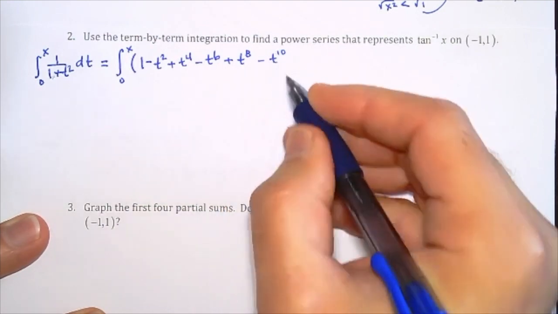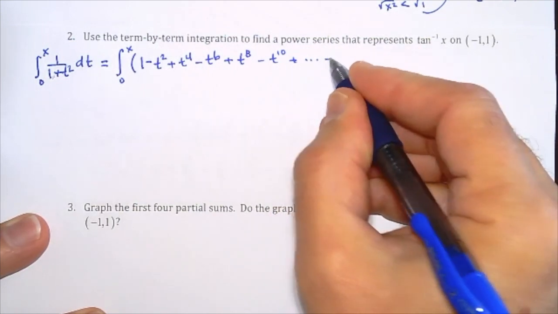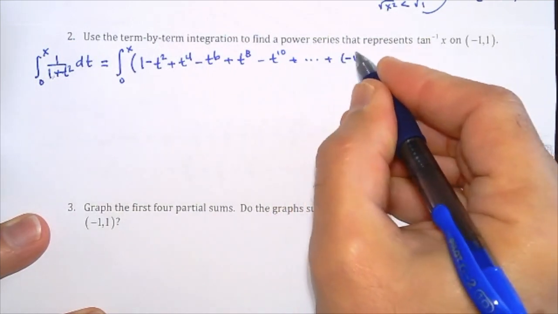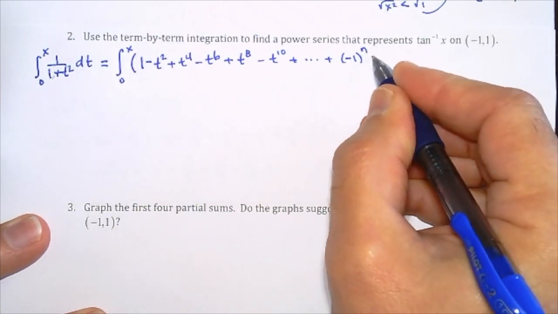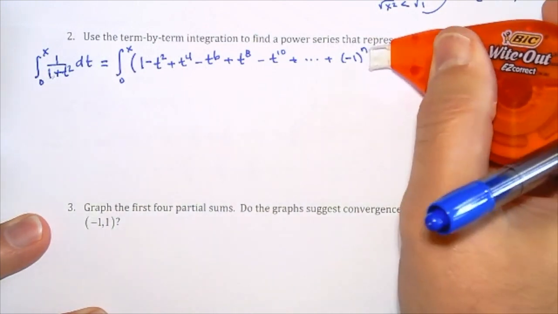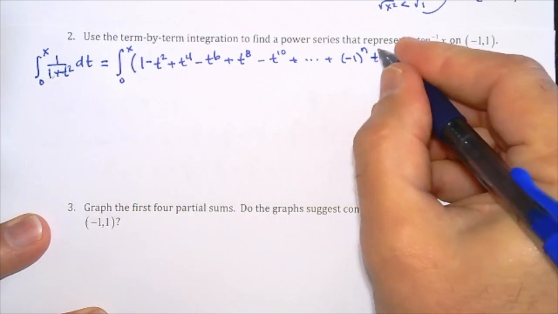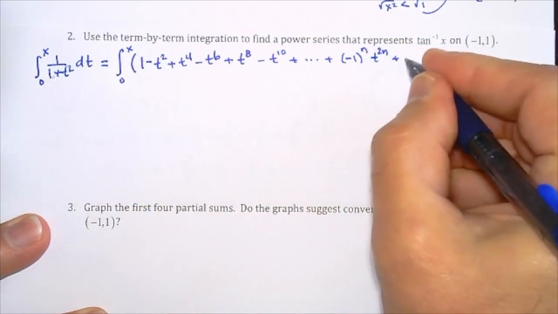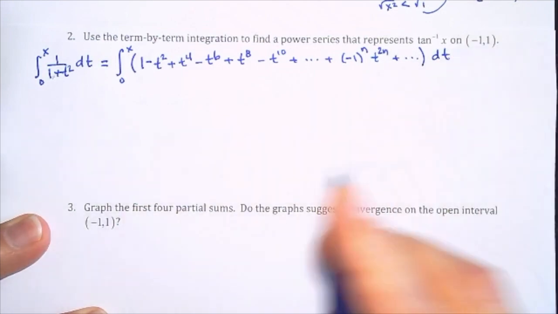I put a few more terms than we had above, and then plus dot dot dot, and then plus negative 1 to the n, t to the 2n power, plus dot dot dot, and then close the parentheses, and then dt.